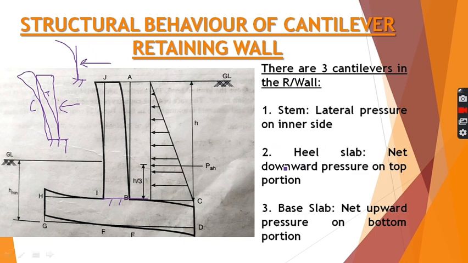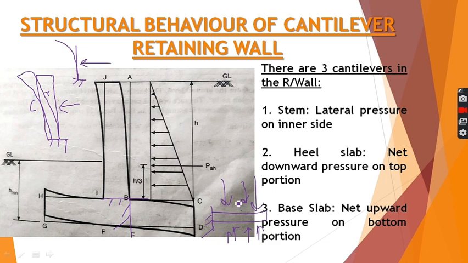Now we look at the base slab. First, the heel slab. The heel slab is the one which is fixed at this end. I will make this separately here. This is your heel slab. So what are the different primary forces acting on the heel slab? First is the weight of backfill from above, and second is the soil pressure from below. According to you, what should be the bigger value of these two? This is the downward force, this is the upward force.